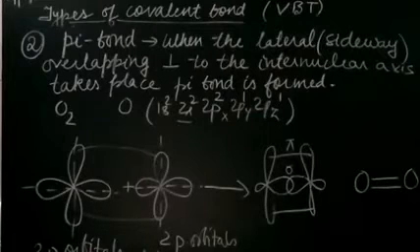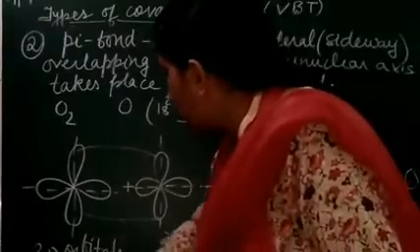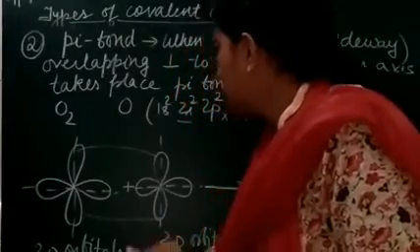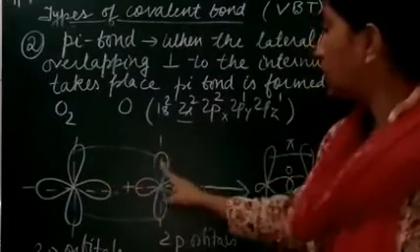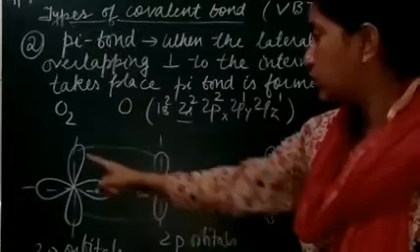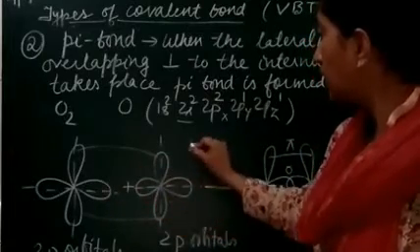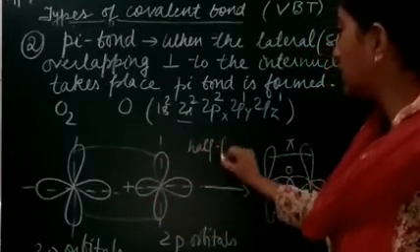I think this is not visible, but the 2p orbitals of both oxygen atoms which I have written here are half filled orbitals.